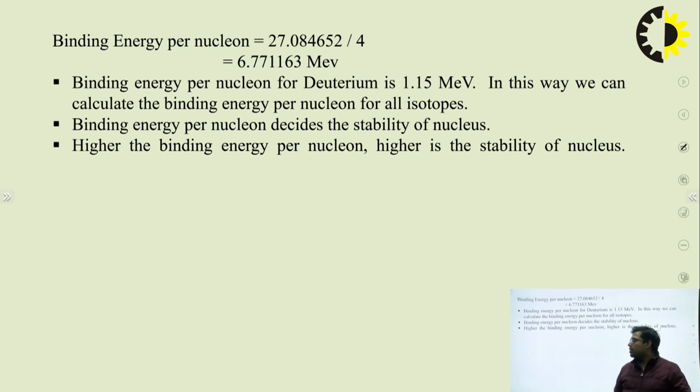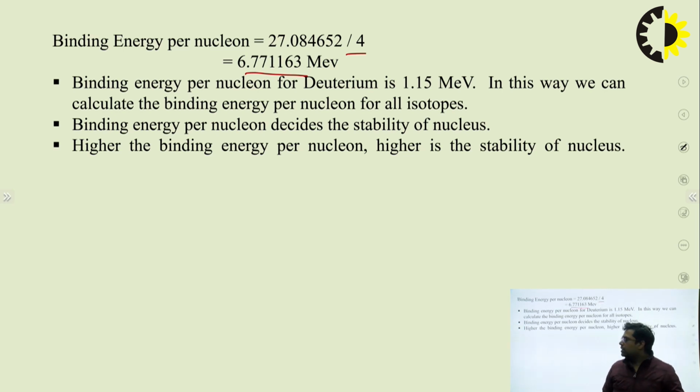If we want to calculate the binding energy per nucleon, we divide by the mass number. The binding energy per nucleon for deuterium is 1.15 million electron volts. In this way we can calculate the binding energy per nucleon for all isotopes.